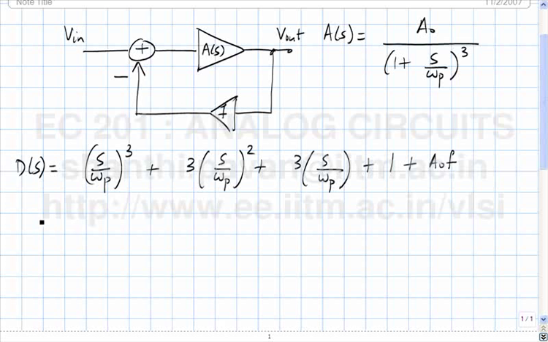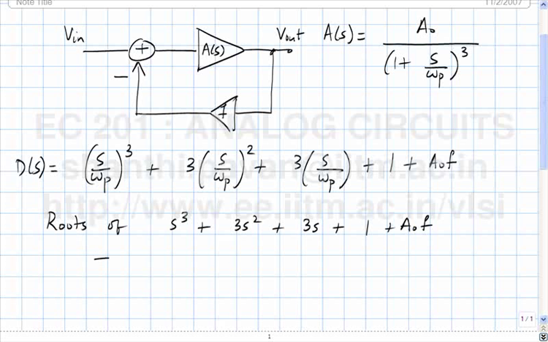So the poles of the system are the roots of D of S. You can treat S by omega P as the variable instead, and finding the poles reduces to finding the roots of a polynomial S cube plus 3S square plus 3S plus 1 plus A naught F.